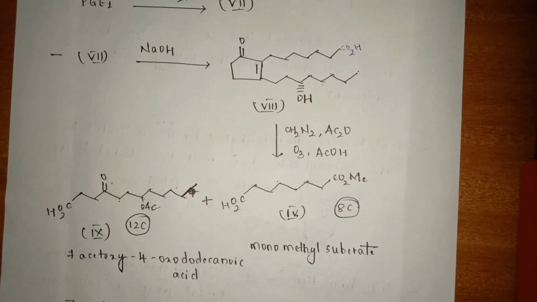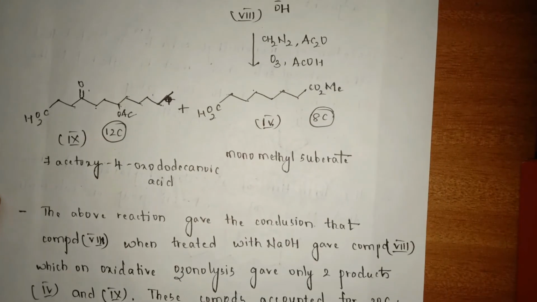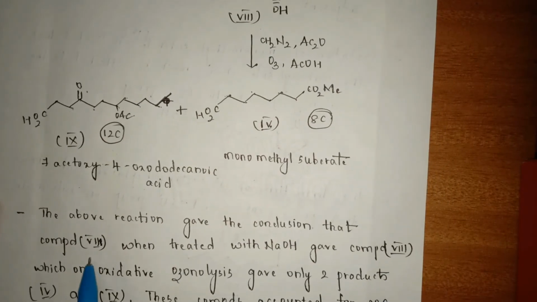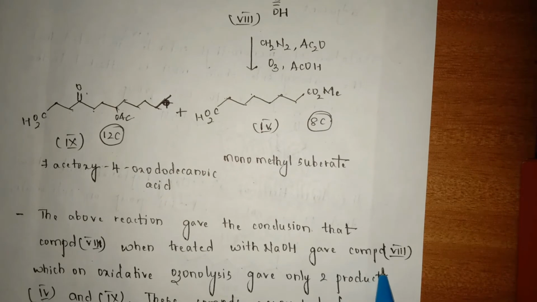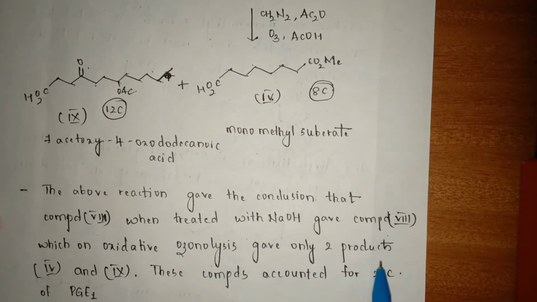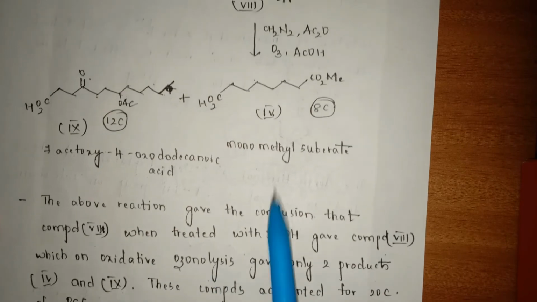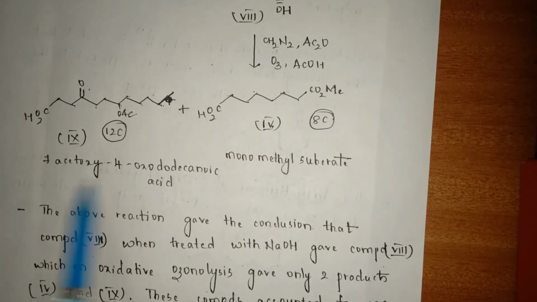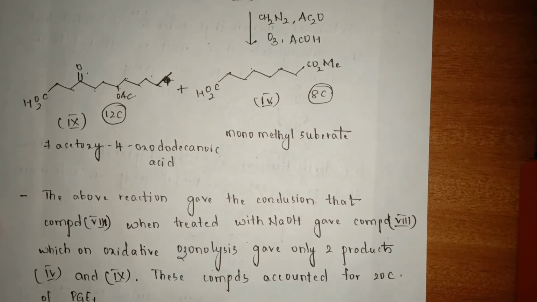Now what conclusion does the above reaction give? Compound number 7 when treated with NaOH gave compound number 8, that is isomerization, which upon oxidative ozonolysis gave only 2 products, that is 4 and 9. One is monomethyl suberate, the other is 7-acetoxy-4-oxo-dodecanoic acid.